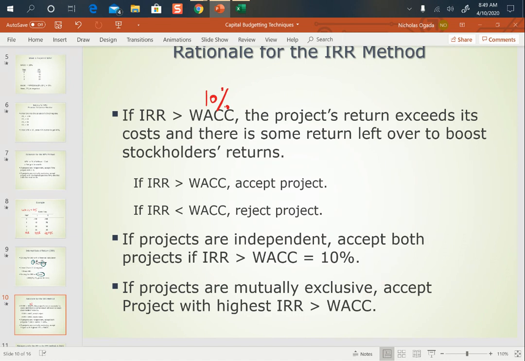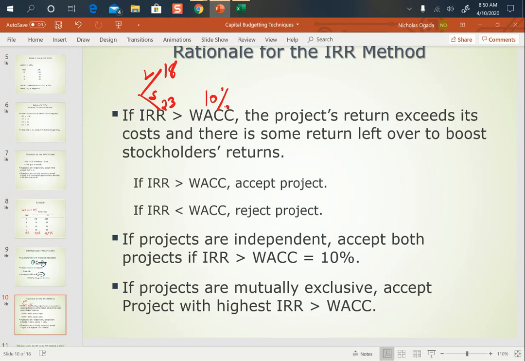And our IRR depends on which project. In one project it was 18, in the other project it is 23. So you're looking at L and S. In this example, both internal rates of return are greater than the weighted average cost of capital. For this example, then, the project return exceeds its cost, and that is the cost of capital.